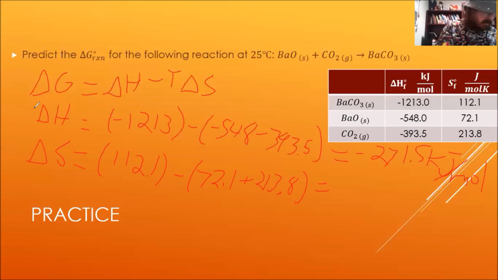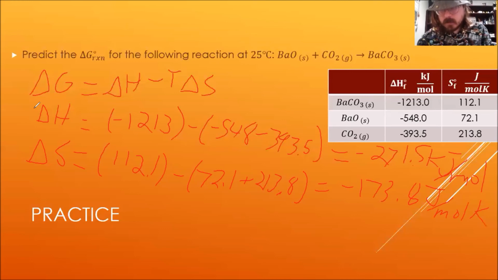So this is an enthalpically favored reaction, but not an entropically favored one. Entropy says, no, this does not want to happen. But enthalpy says, oh yeah, it's fine.